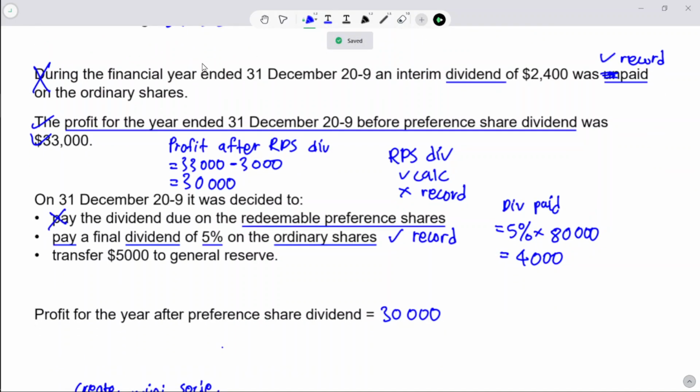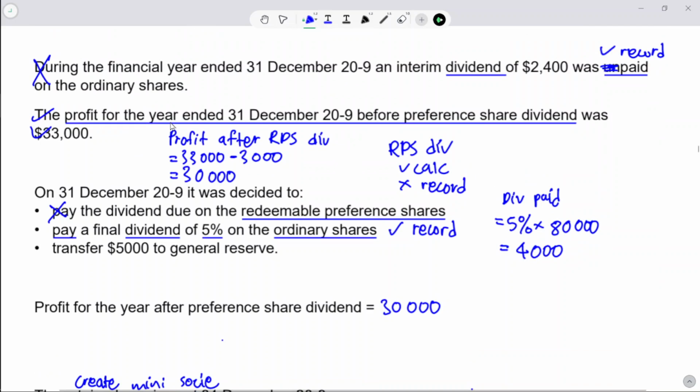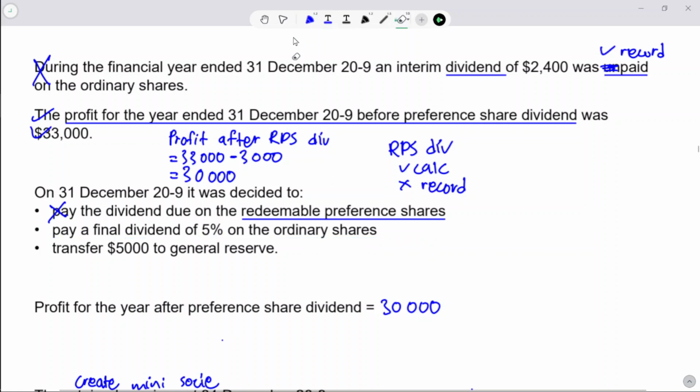Okay. Then let's see. This one actually is a trick. Yeah, sorry, my bad. This one is assumed to have been decided to pay, right? It's actually that they are proposed.